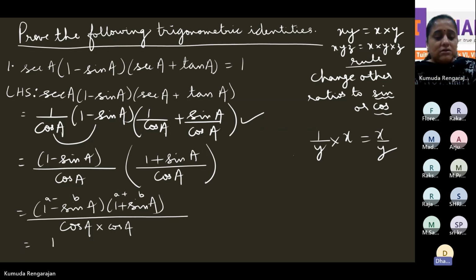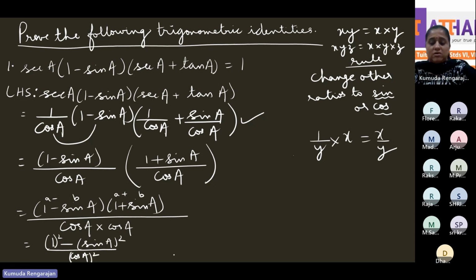1 square minus sin A whole square, divided by cos A into cos A, which is cos A the whole square. Okay.